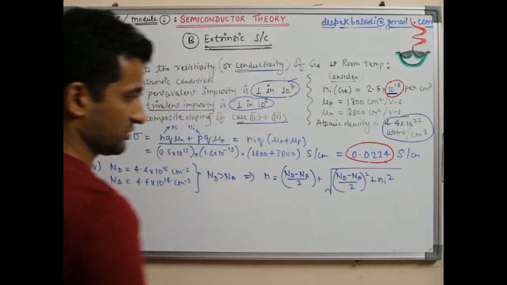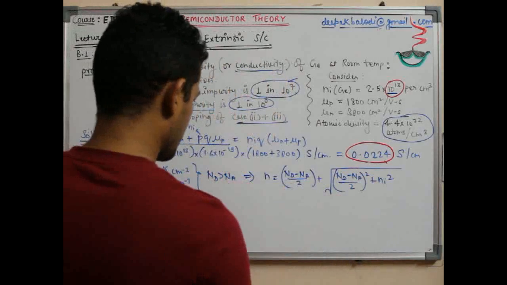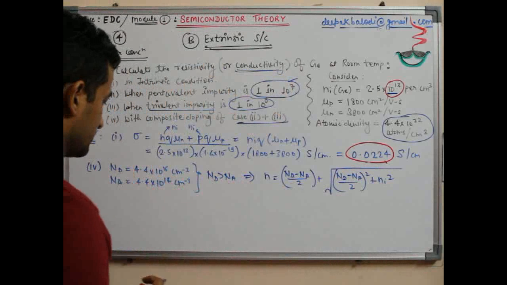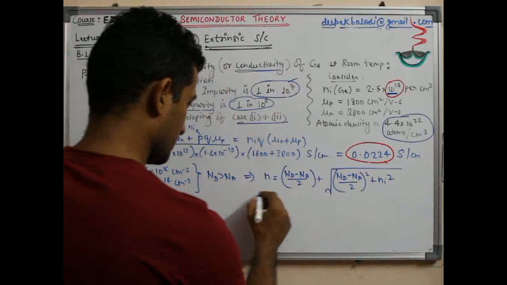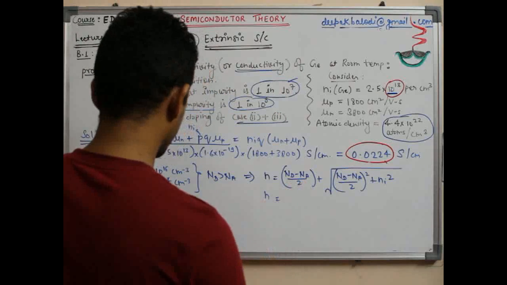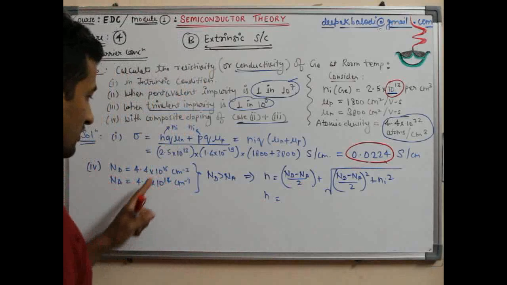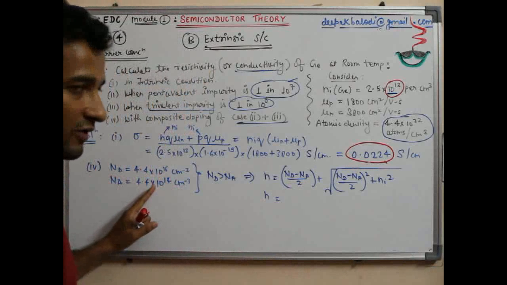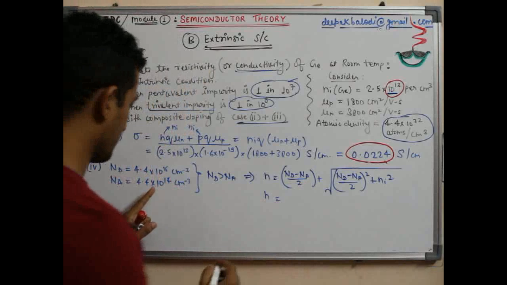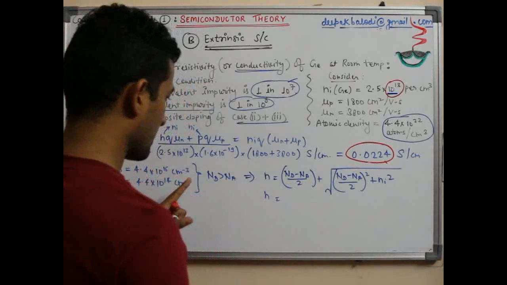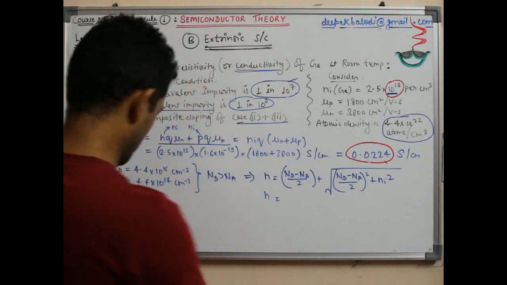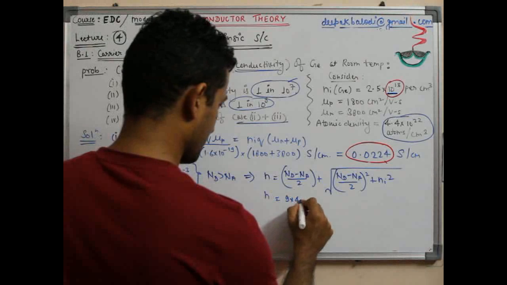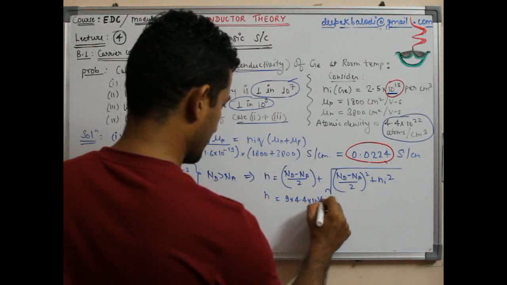And when we keep all these values, this comes as this minus this. So out of this minus this we can take 4.4 into 10 to the power 14 common. So what remains is 10 minus 1, that is 9 into 4.4 into 10 to the power 14.